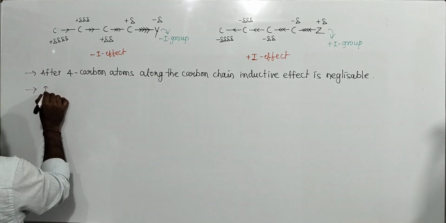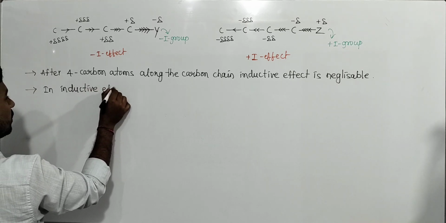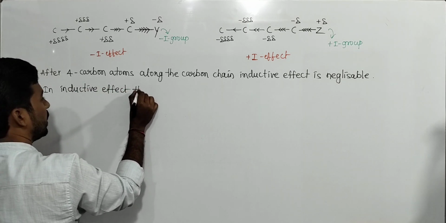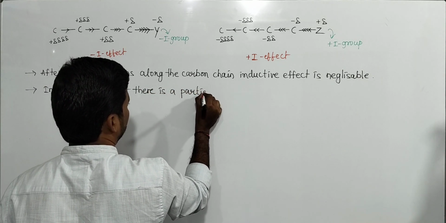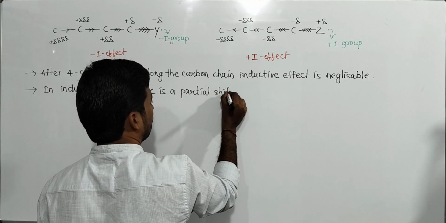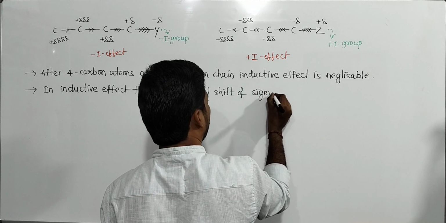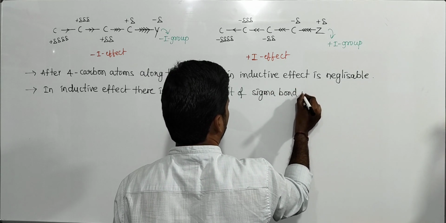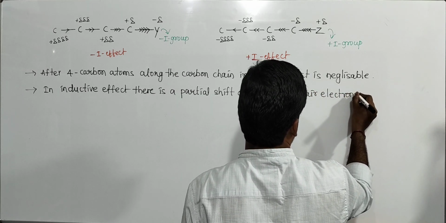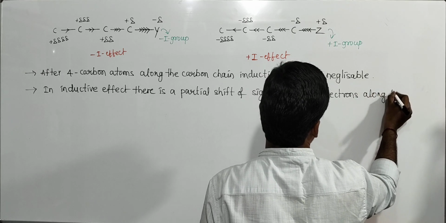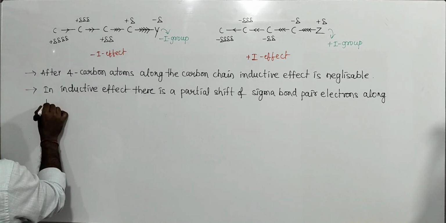So in the inductive effect, there is a partial shift of sigma bond pair electrons along the carbon chain.